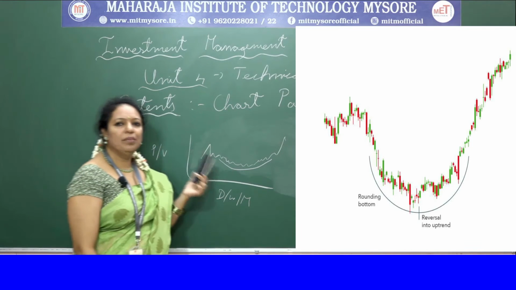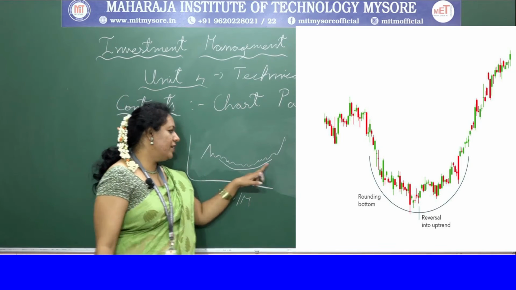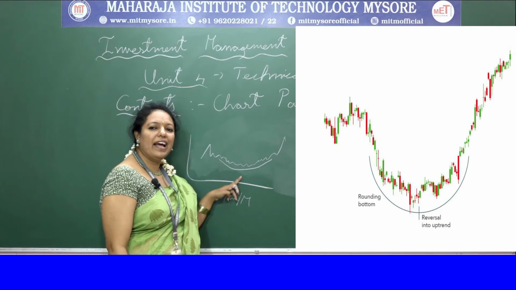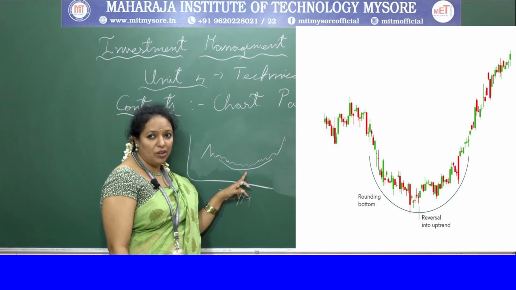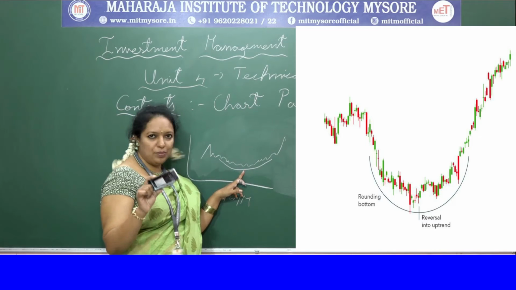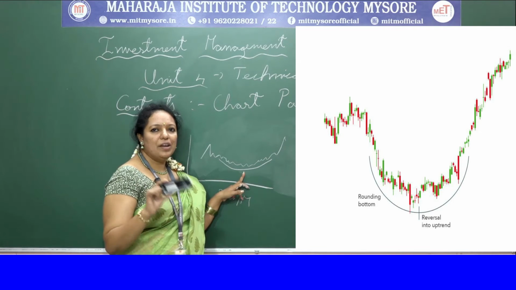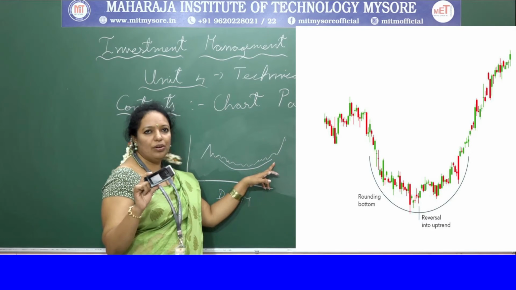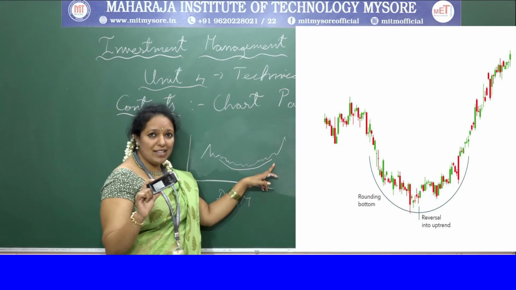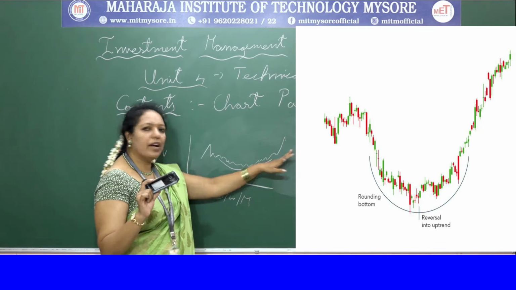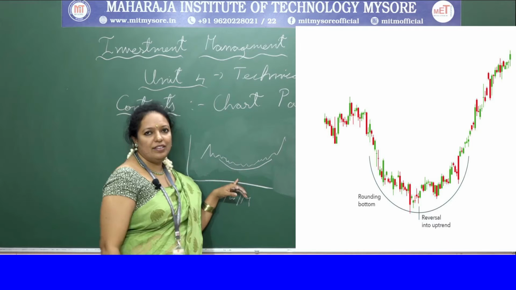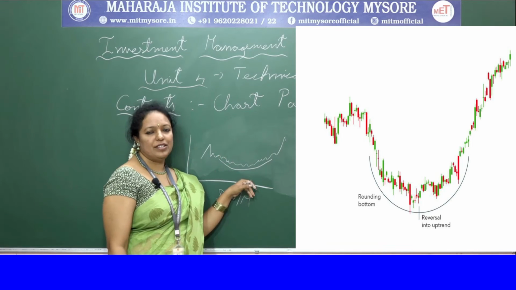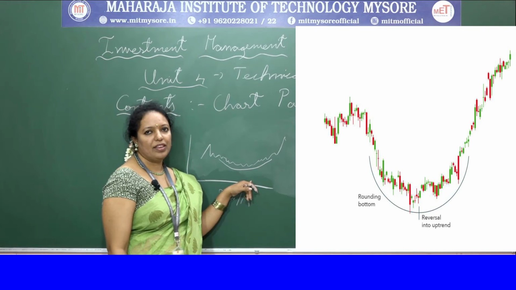Okay, rounding bottom. Here you can see that normally they buy it halfway around, whenever they are halfway around the bottom, that is at the lowest point, and wait until the round bottom completes its cycle, and when the share prices move up, breaking the resistance up to the level of resistance, they move.